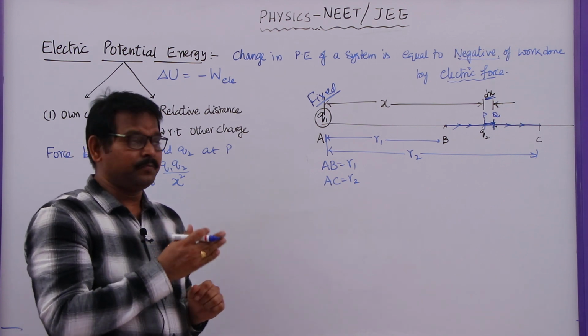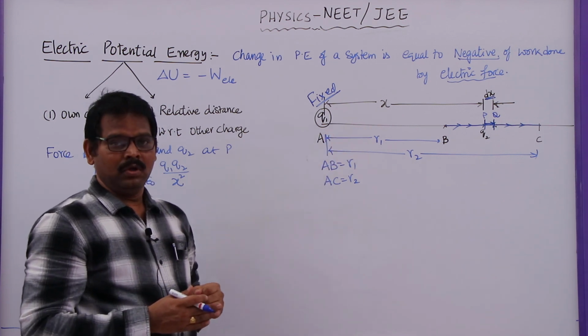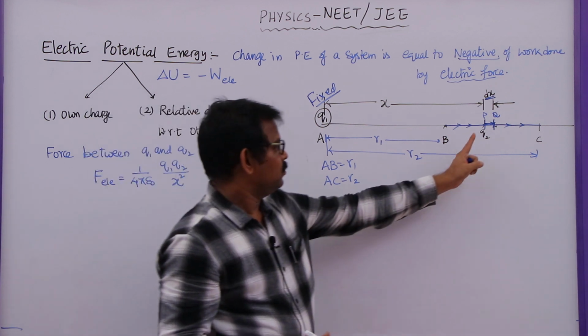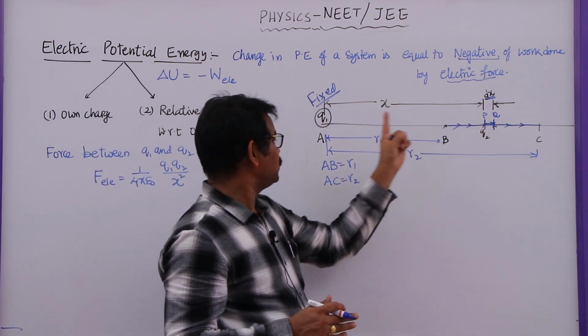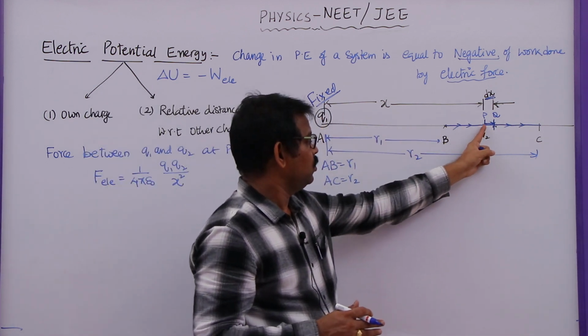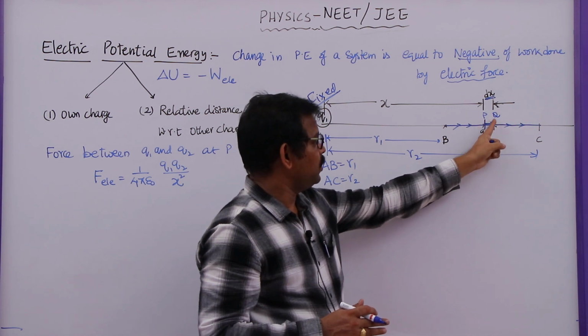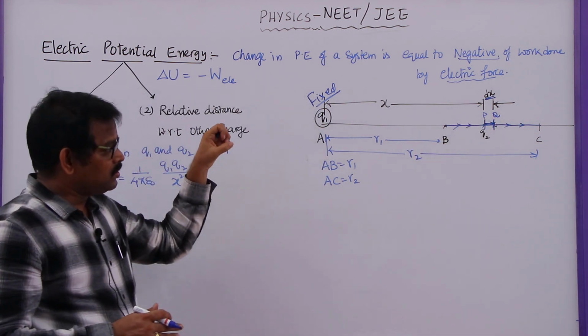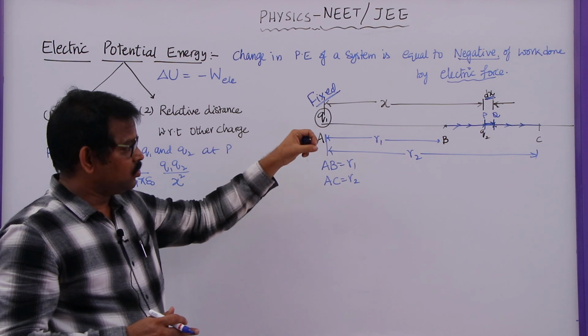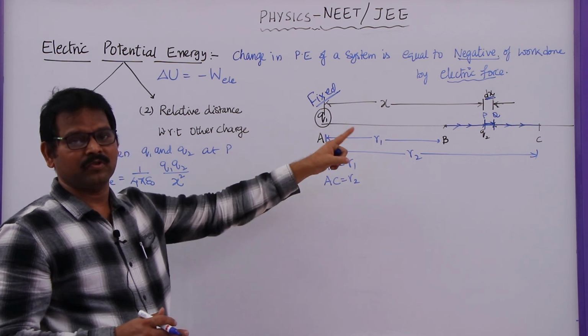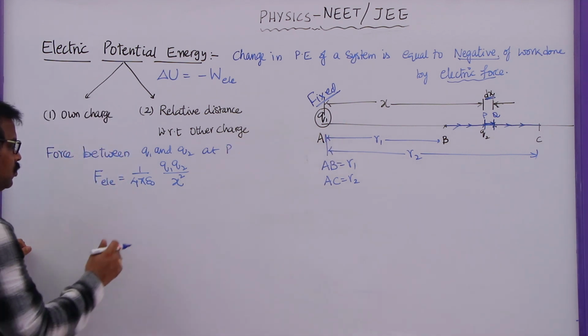The repulsive force between Q1 and Q2 will move the charge from P to Q. So who is responsible for the charge Q2 to move from P to Q? The repulsion between Q1 and Q2.